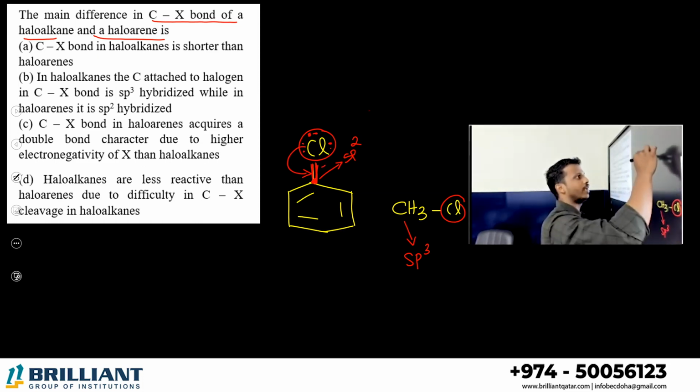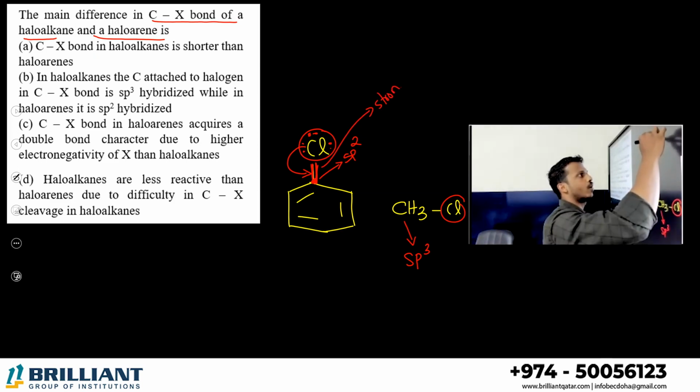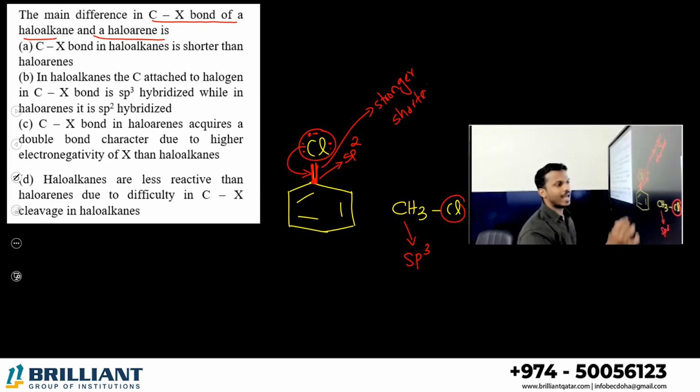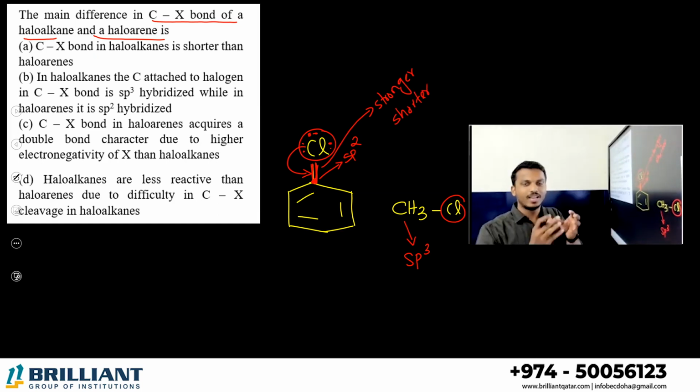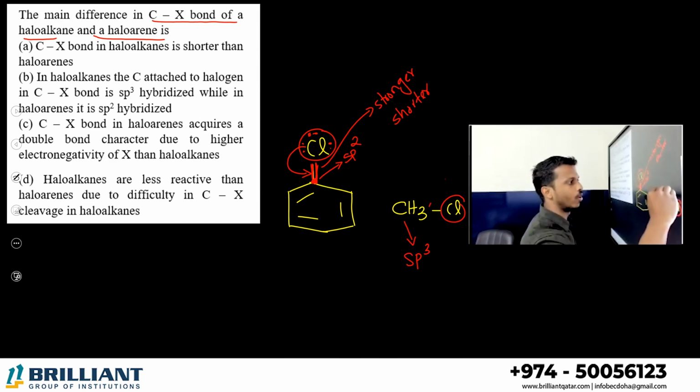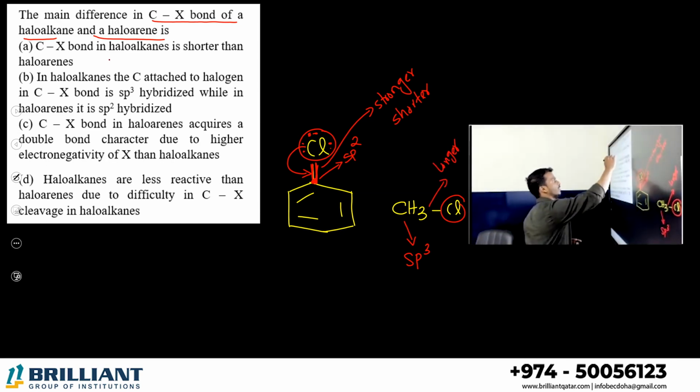In haloarene, we have the shortest bond. But in haloalkane, such a resonance is not possible. Single bond only there, it can be longer. So CX bond in haloalkane is longer. So this is not the answer.